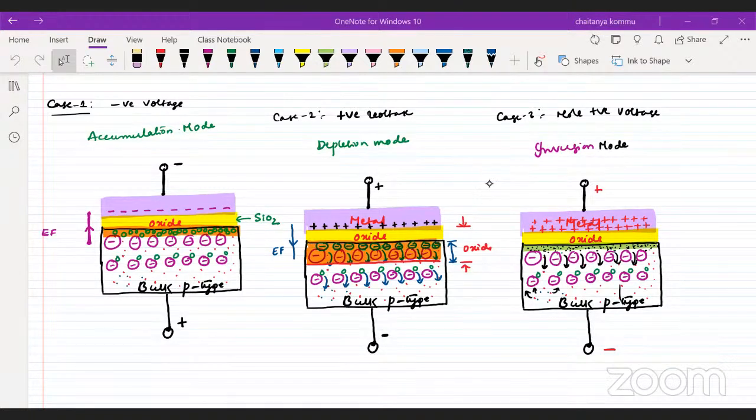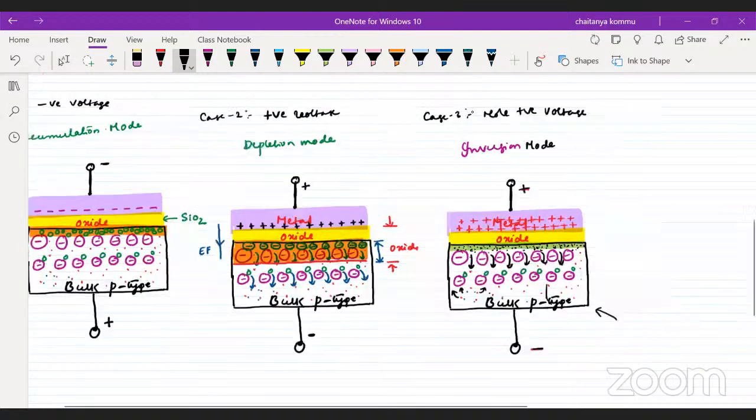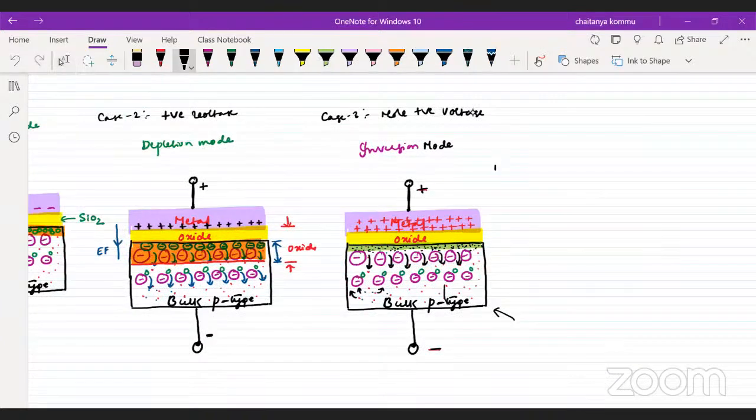So this is all about the MOS capacitor. These are the three important modes that we should know about the MOS capacitor. So we have fulfilled our requirement by this given voltage. Okay, it is very important to note here one point: what do you mean by more positive voltage?